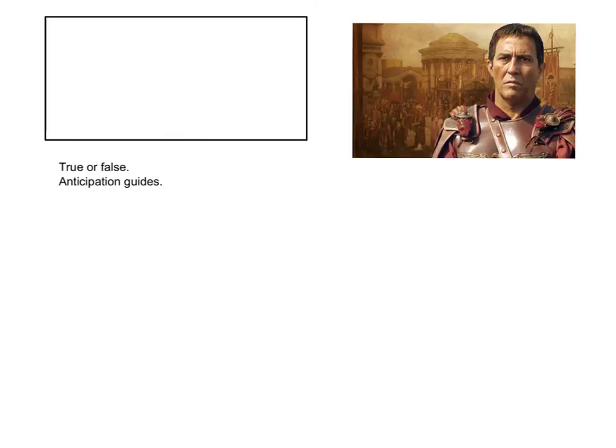So an example of a question. Flavius and Marcellus are two commoners who are feeling joyous about Caesar's arrival. We know that's false because Flavius and Marcellus were two officials, and they were not excited about his arrival.